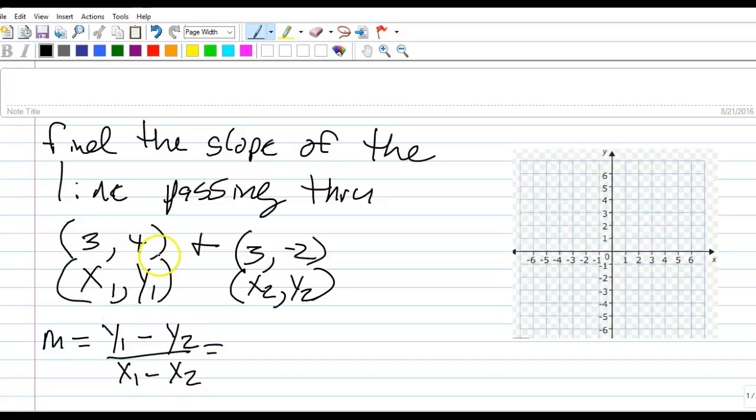So y sub 1 here is 4 minus y sub 2, which is a negative 2, all over x sub 1, which is 3, minus x sub 2, which is 3. So that gives me 6 over 0.